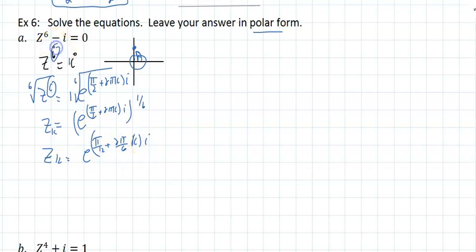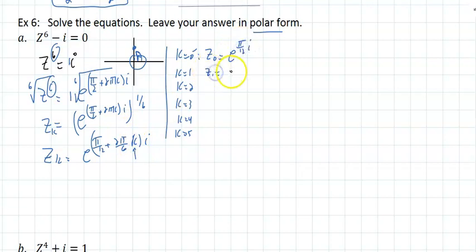I want 6 solutions. That's very simple. Let k equal 0, k equal 1, k equal 2, k equal 3, k equal 4, k equal 5. If you go to k equal 6, you repeat. For k equal 0, z sub 0 will be e to the pi over 12 i.